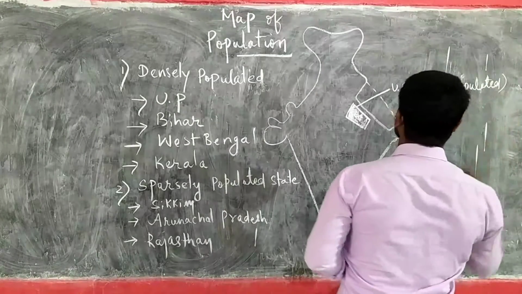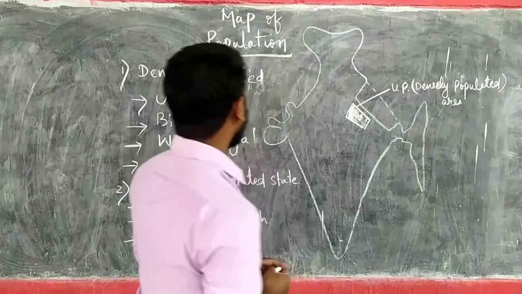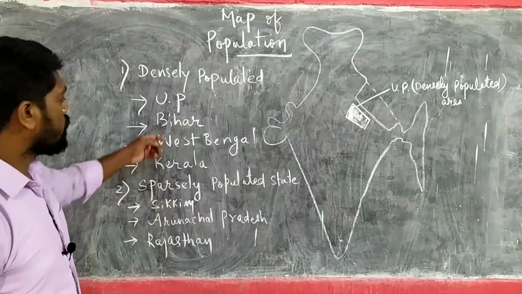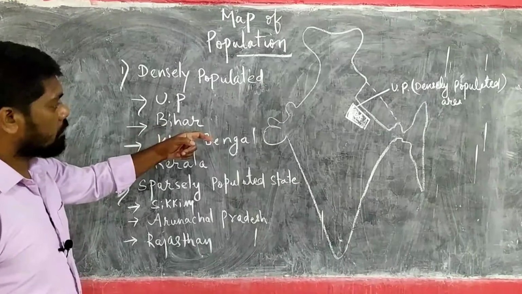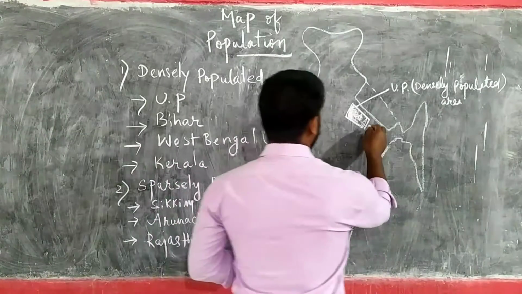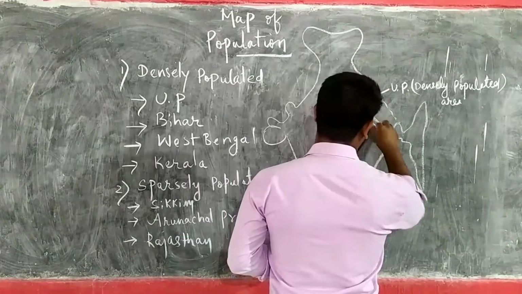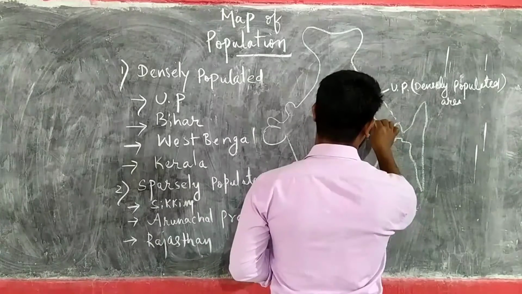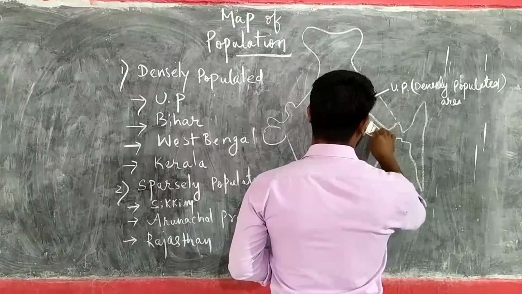All right. And if you're asked again for north of North India, that is Bihar. Bihar also is adjacent to Uttar Pradesh. So this is the area where Bihar is located.